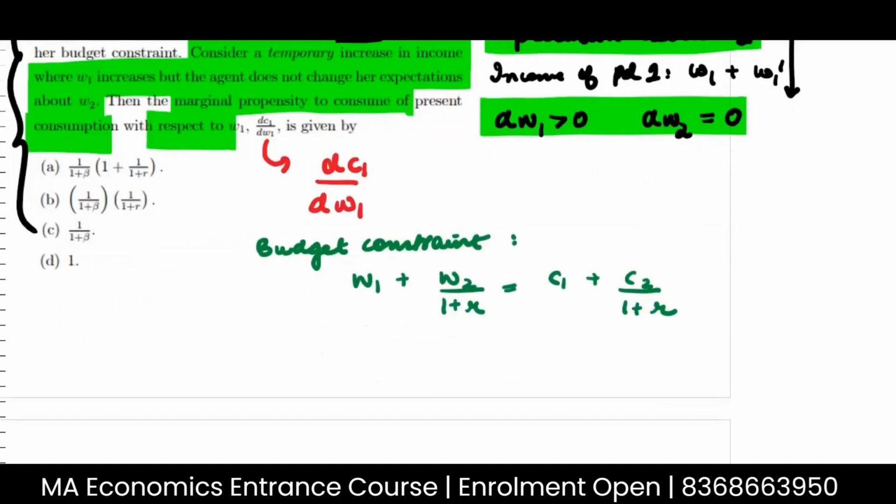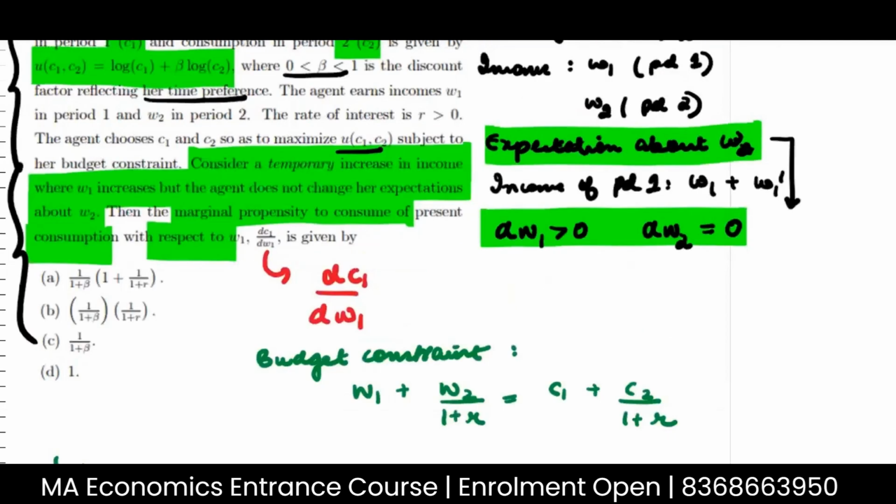Let us go ahead and form a Lagrangian. In this Lagrangian, my aim is to maximize my utility.